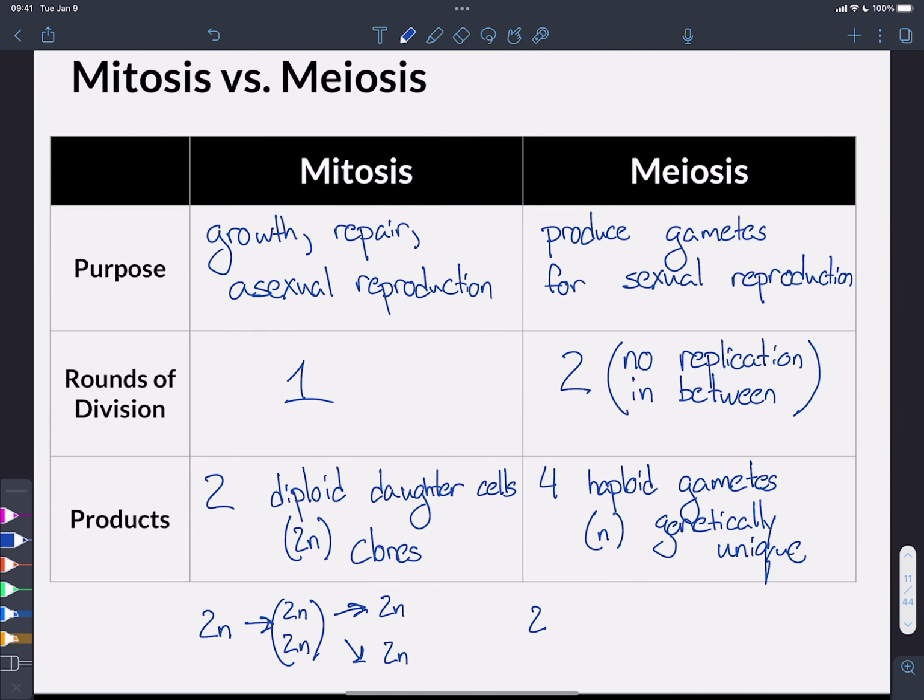In meiosis, we're starting with 2N, and prior to undergoing meiosis, we're going to copy the DNA as well. So we're going to wind up with 2 copies of 2N. After meiosis 1, we'll have 2 cells that are produced that are each 2N. But then, because we don't copy the DNA again, at the end of meiosis 2, we'll have 4 cells each with the N number. This might be helpful to get your head around what's happening with the genetic material during these processes.